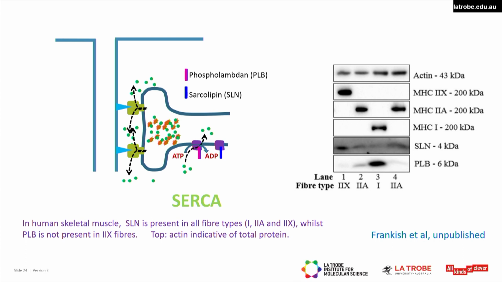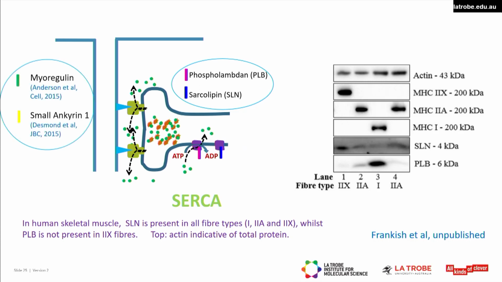So the thing that we found out was that whilst phospholamban is shown here, there is still a little bit of sarcolipin there, and you can have phospholamban and sarcolipin present in the same muscle fibres, and that wasn't really understood until we broke down to these single muscle fibres. So that's those proteins, but there are a couple of other proteins that might regulate SERCA in similar ways.